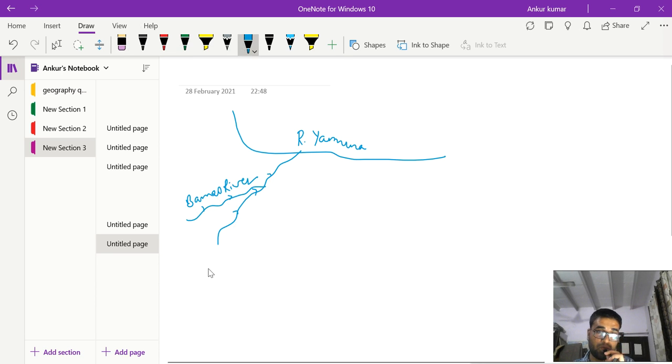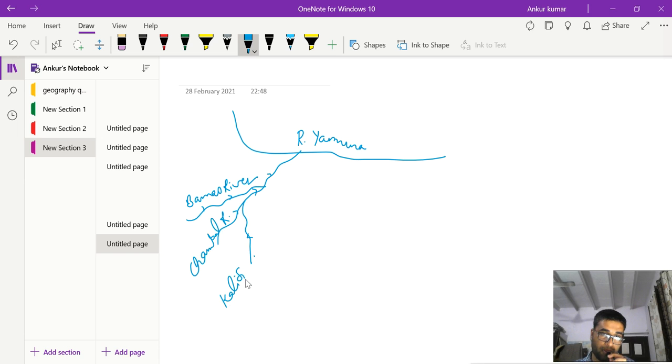Okay. So this is Chambal River here. Right. This is Kali Sindh. And this is Parvati River. Here is the Sindh River.